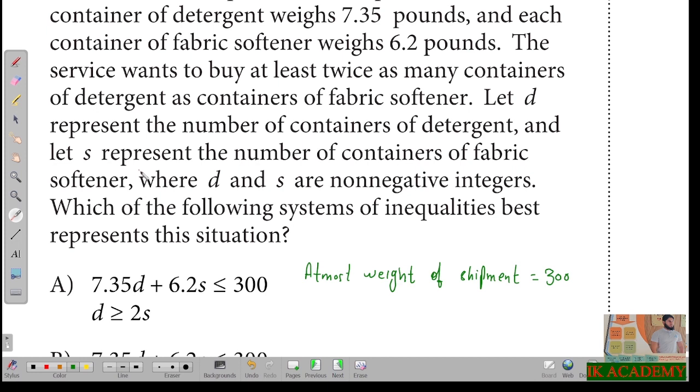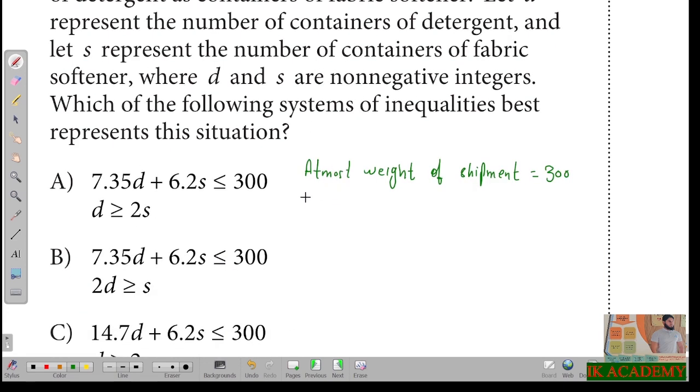So the weight can be expressed as the weight of the product, which is detergent or softener, and also the type of the container, which is D or S. So we can present them together.